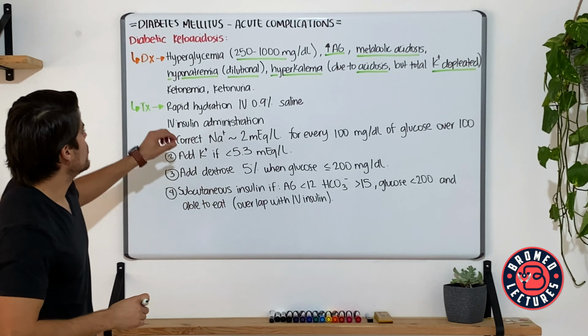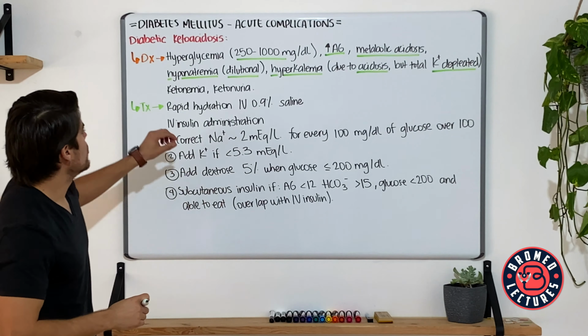Also, dextrose 5% is used when your glucose reaches levels lower than 200 milligrams per deciliter in order for you to avoid generating hypoglycemia in these patients.